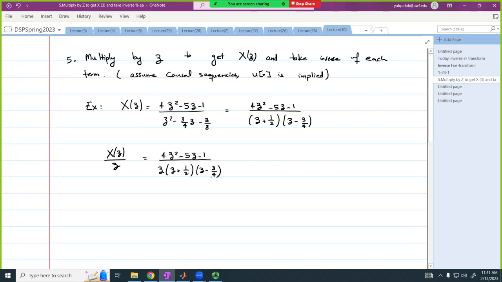Now we can expand this. What is this going to expand as? K0 divided by z plus K1 divided by z plus 1/2 plus K2 divided by z minus 3/4.